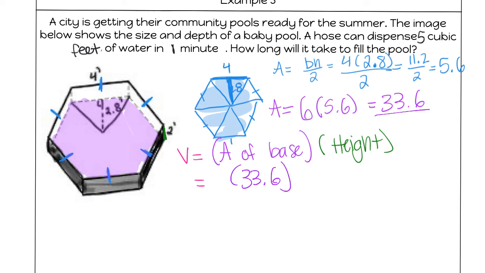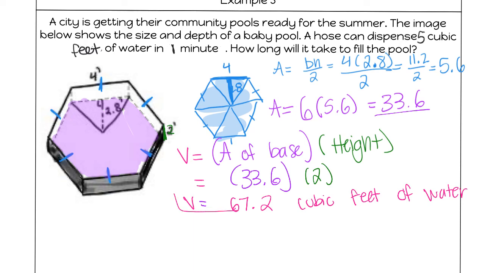The pool, its depth right here is 2, so it has a depth of 2 feet. So I just take 33.6 times 2. And you should get 67.2 cubic feet of water is the volume of that pool.